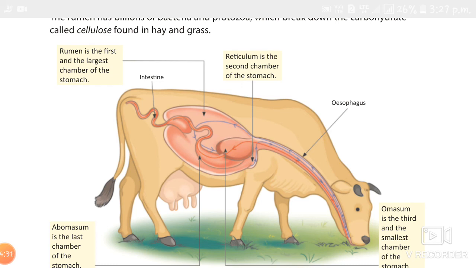These all we studied in nutrition in animals. When we studied ingestion, we studied four types of teeth: incisors, canines, premolars and molars. The other name of incisors is biting teeth, and of canines is tearing teeth.